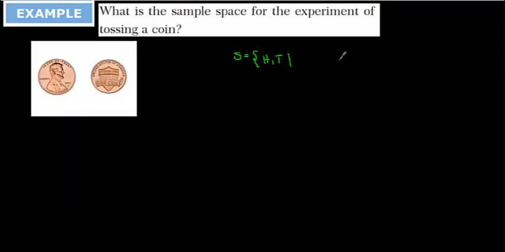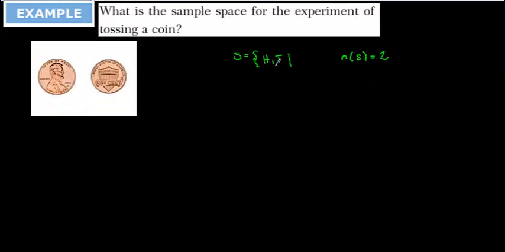Here, what is the sample space of the experiment of tossing a coin? If we have a coin, we have two different results. So the sample space is going to be head or tail. This is the sample space for tossing a coin. By the way, the number of elements of the sample space is equal to 2.